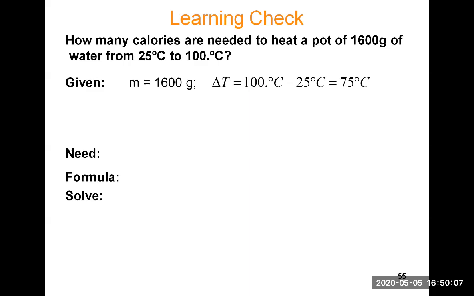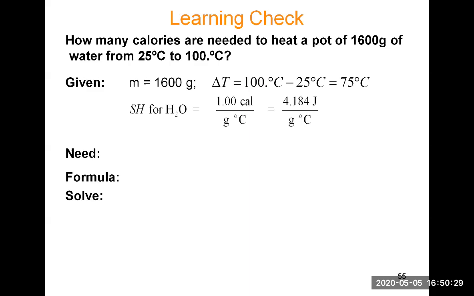And we know it's water, and water has a known value for specific heat. We saw it earlier. The specific heat for water is either 1 calorie per gram and per degree Celsius, or 4.184 joules per degree and per gram of water.